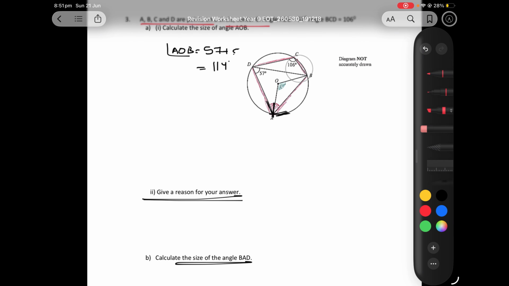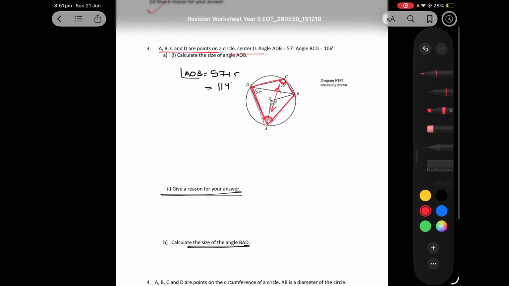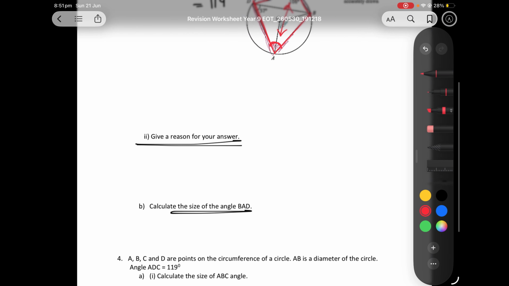Let me see what BAD is first of all. It's so dirty, I'll erase it and do it. In the exam also, erase it and see. BAD, this is what they want me to find. They have given me 106 here. So this looks like a cyclic quadrilateral. They both sum up to 180 degrees. Again, if they ask the reason, write: in a cyclic quadrilateral, opposite angles sum up to 180 degrees.